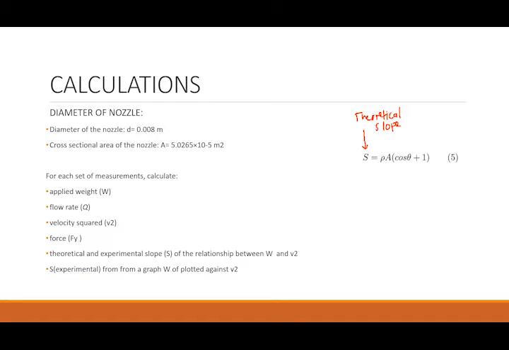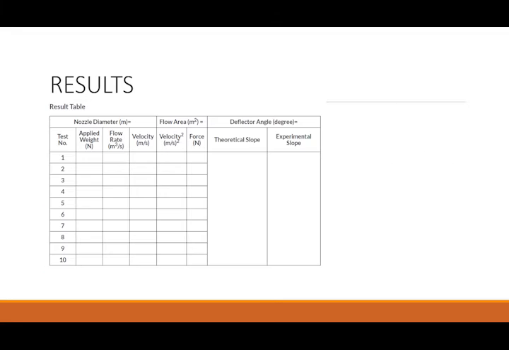So for the theoretical slope, the equation is as follows. Equation number 5, S equals rho A (cos theta plus 1). From the calculation, we get the results and fill the table with the results. Here are the things that we need to consider.